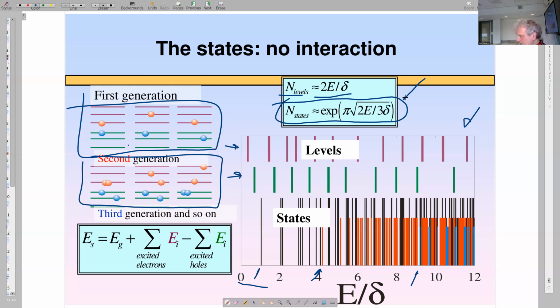What is the consequence of this? Also, it's something which is clearly seen experimentally. By democracy principle, we don't see the levels, rather we see the states. So, in fact, even if the average level distance is large, we have to resolve the states.